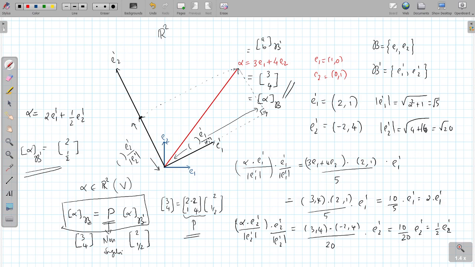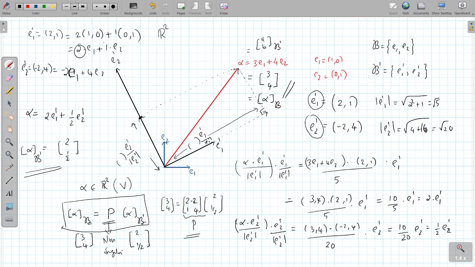How do you get this P? This P is obtained by choosing two vectors e1 prime and e2 prime. Write e1 prime, which is (2, 1), as 2 times (1, 0) plus 1 times (0, 1). So this is the linear combination of e1 prime in terms of e1 and e2. Similarly, if you take e2 prime, that is (-2, 4), that is equal to -2 times e1, that is (1, 0), plus 4 times e2.